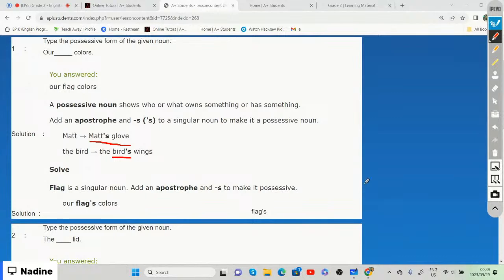Even if we were to say the girl, one girl. So if we want to talk about the girl's doll, then we will say the girl's, apostrophe, doll, right? And that is the girl, and it belongs to her. It is her doll. It is something that she owns, right?